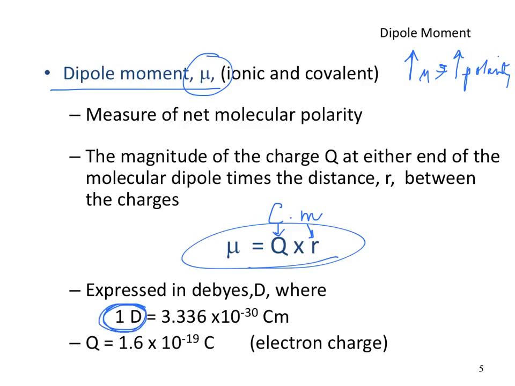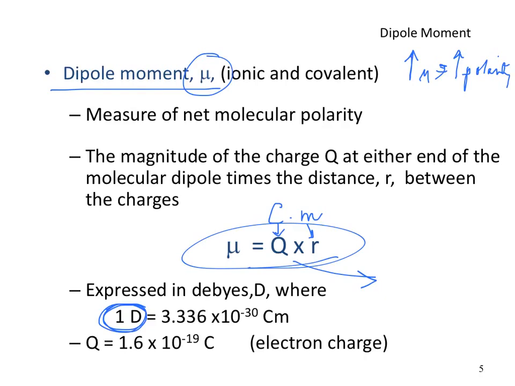The conversion factor is 1 debye equals 3.336 times 10 to the power of negative 30 coulomb meters. This Q usually would be in terms of the unit charge. So 1.6 times 10 to the negative 19 coulombs is the charge of an electron.